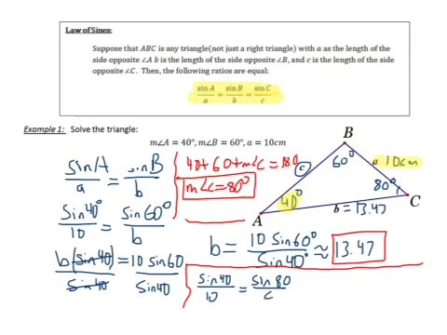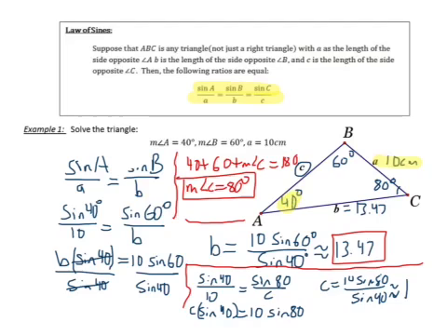Cross multiplying gives us c sine 40 equals 10 sine 80. And then dividing both sides by the sine of 40 to get rid of that, we end up with c is 10 times the sine of 80 all over the sine of 40, which, going to our calculator now, we get an approximation here, and that gives us about 15.32.